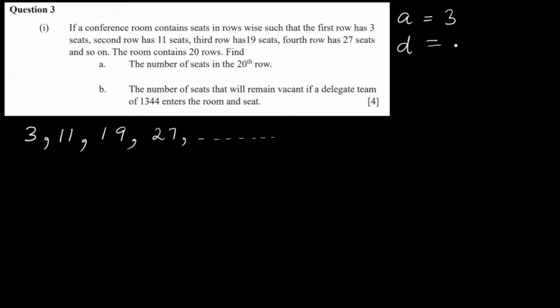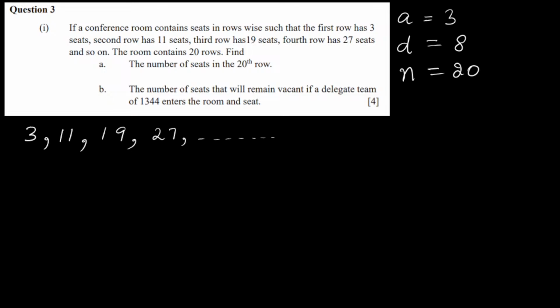So D is equal to 8. Because it has 20 rows, the number of terms is 20. That means n's value is 20.